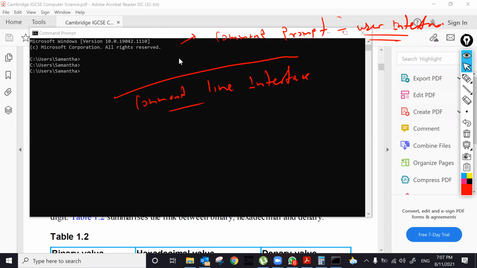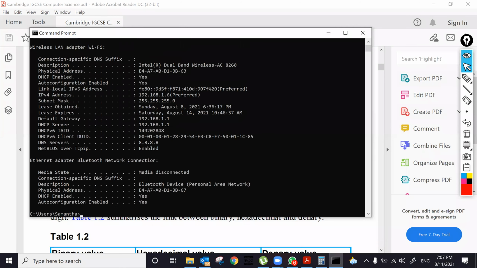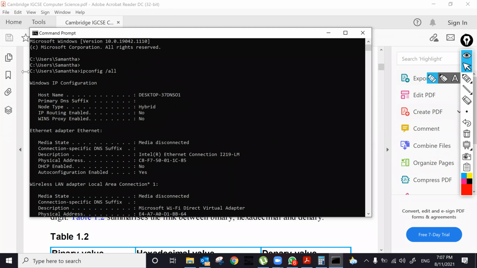Okay, now I am going to type a small command. You can type with me. The command would be ipconfig, IP config, space, /all. Just type that.